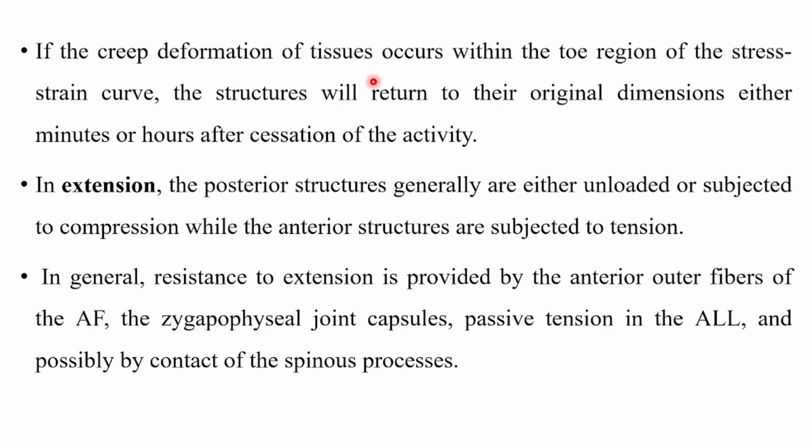If the creep deformation of tissues occurs within the toe region of the stress strain curve, the structures will return to their original dimensions minutes or hours after cessation of the activities. That is known as the elastic phase.